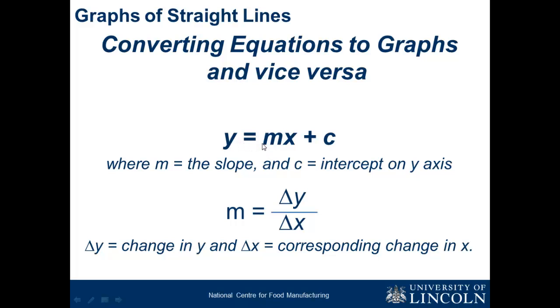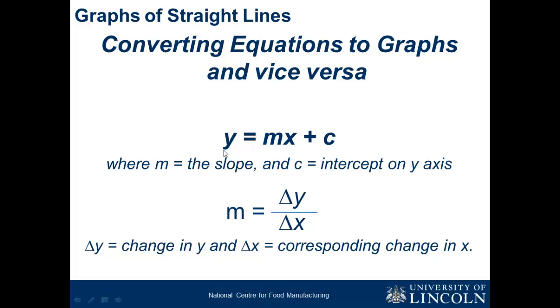Now, here y is a dependent variable, and x is an independent variable. Here our m is the slope, and our c is the intercept on y axis. Now, don't worry, this is not limited to y and x.